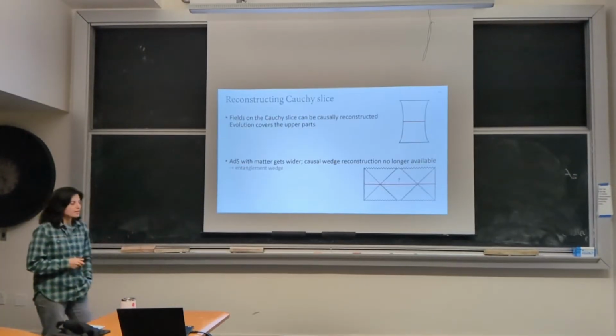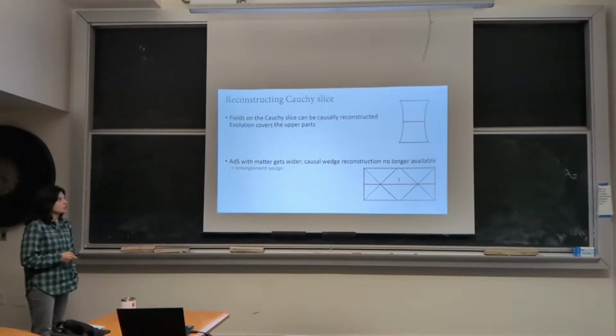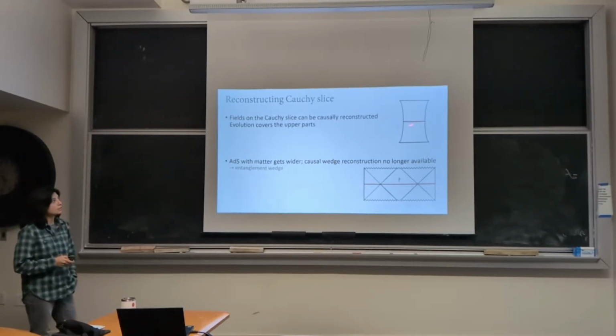And the idea is that the causal reconstruction can still work for perturbed de Sitter, because for each point on this quotient slice, we can have causal connection to one of the boundaries. So we can at least build this quotient slice and then find the volume to go to the upper part of the boundary.